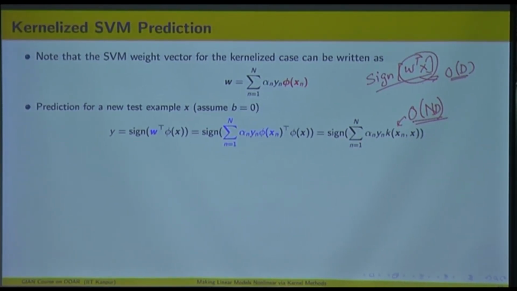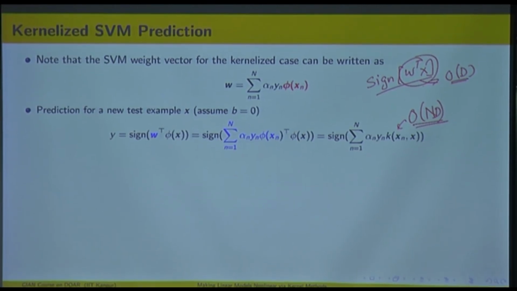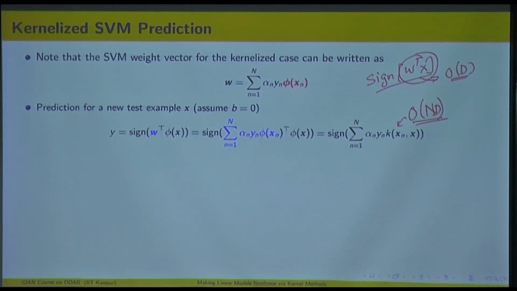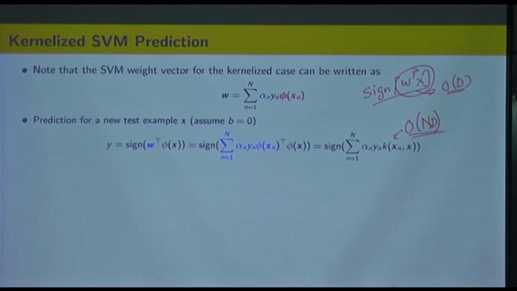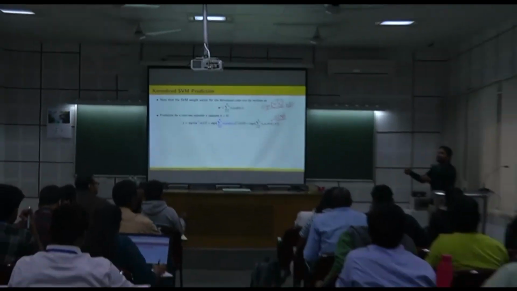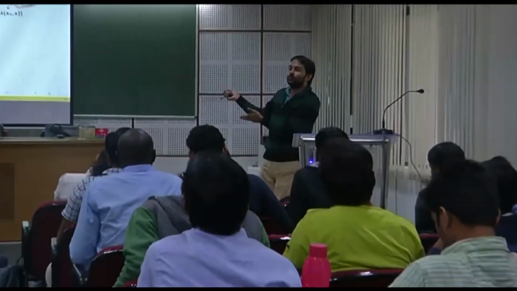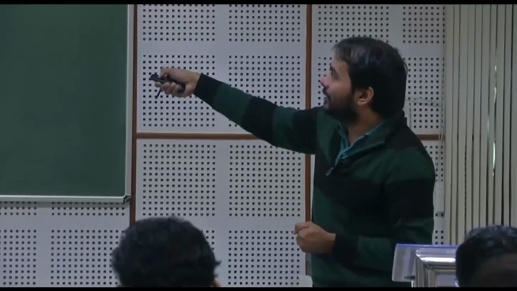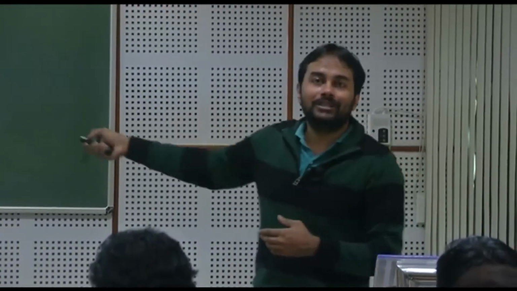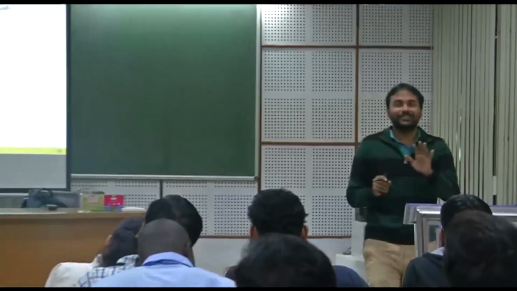So at some level, the non-linear kernelized SVM prediction mode is similar to how we make predictions in a nearest neighbors method. That's a neat connection, because kernel SVMs depend on similarity, and so do nearest neighbor methods. And this is the key point that you should keep in mind, that the prediction cost is slightly more expensive in this case.